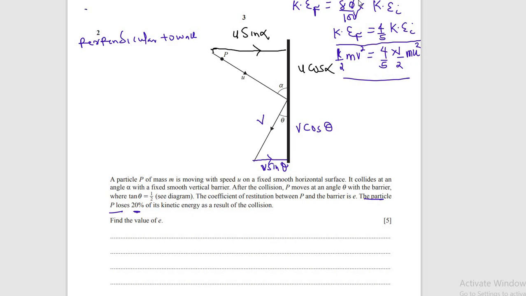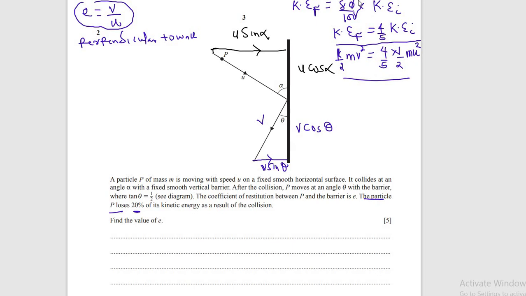Remember, the coefficient of restitution e is speed of separation over speed of approach. Separation is final velocity, approach is initial. That's the formula for coefficient of restitution. Take note of that.